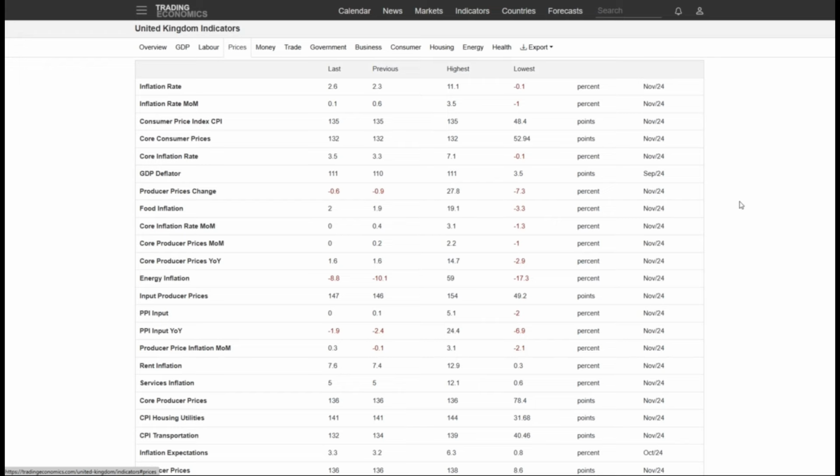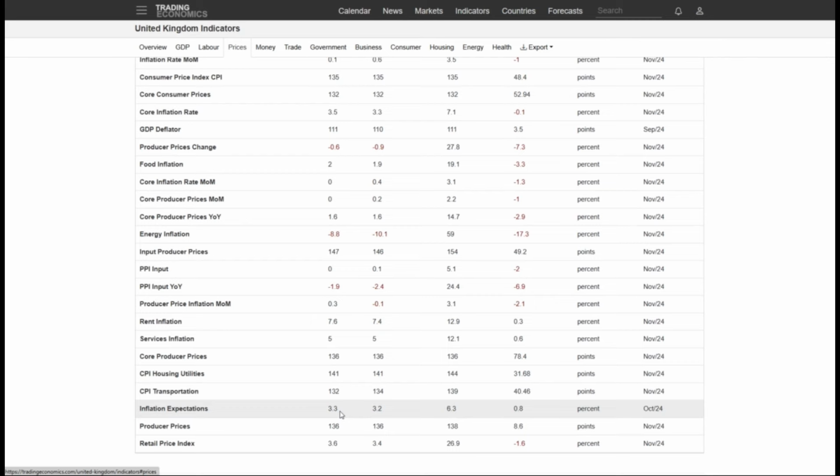Inflation expectation is now 3.3%, which is a reasonable level. I'm not saying that it's an okay level, because this should be 2%. The price stability parameter is 2%.